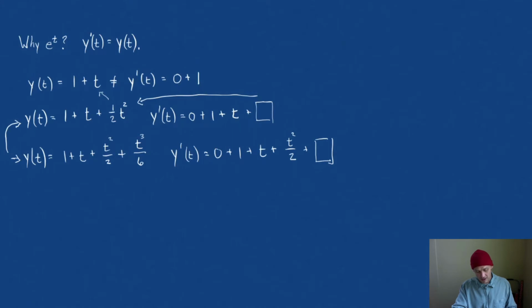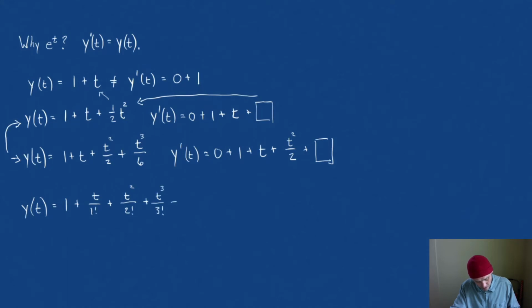The idea behind this, always needing one more term, is one of the derivations, I guess you could say, of e to the t. Let's just say we had an infinite number of these, that we have y of t equals 1 plus t over 1 factorial plus t squared over 2 factorial plus t cubed over 3 factorial plus, and we could keep going.